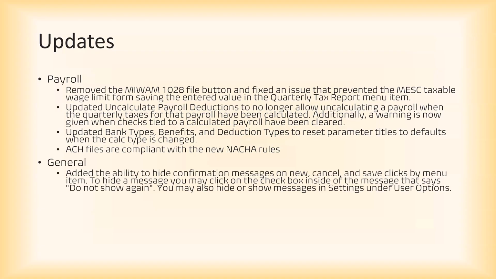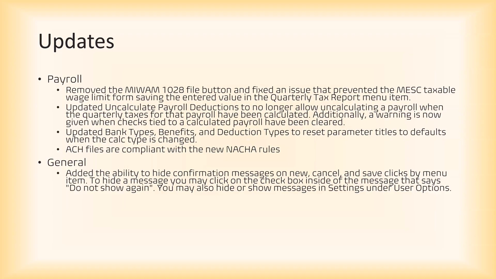We added the ability to hide confirmation messages on new, cancel, and save clicks by menu item. There's a settings area where you can specify which ones you want to show or hide, or when you click save, there'll be a little checkbox at the bottom that just says do not show again.